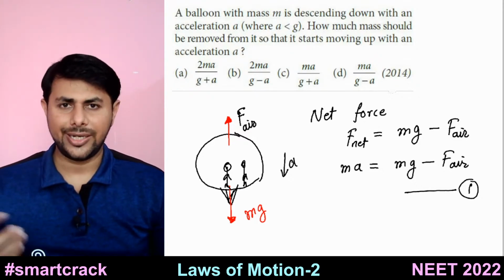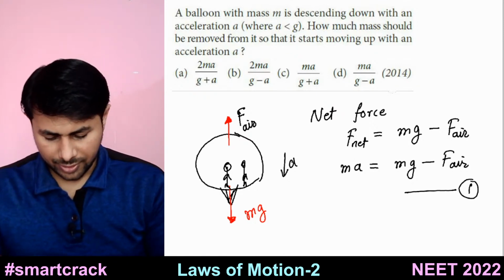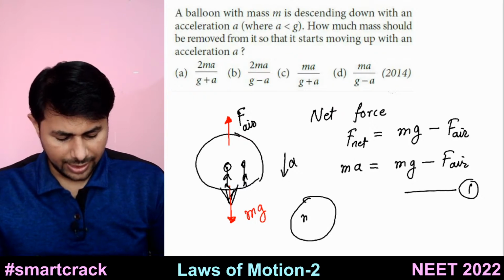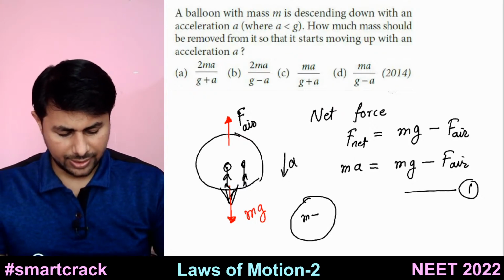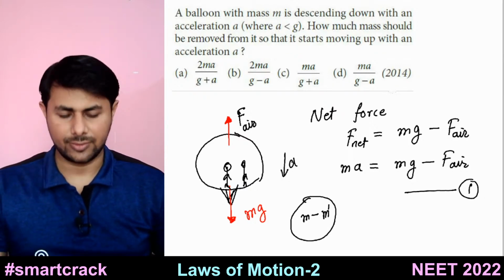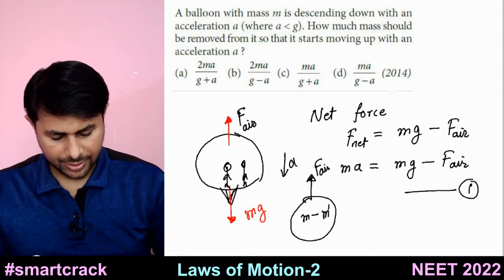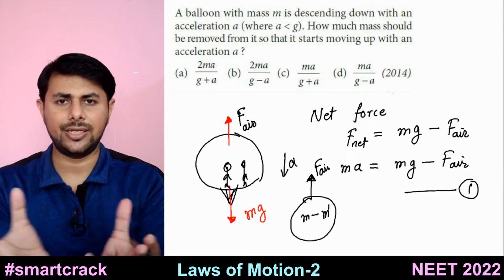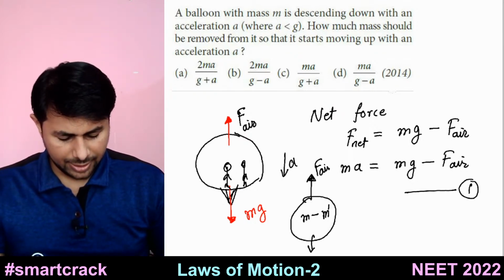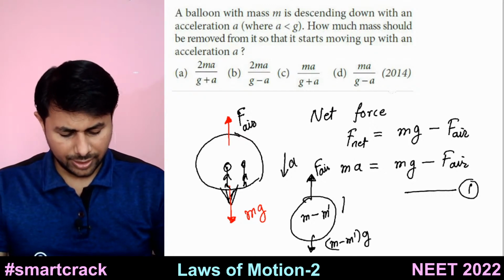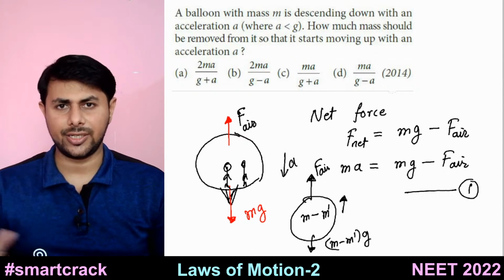Now the net force should be in what direction? Suppose the mass is m minus m dash. The force due to air is the same because it depends on the area of the balloon, and its weight will now be m minus m dash multiplied by g. But now it moves upwards with acceleration a.